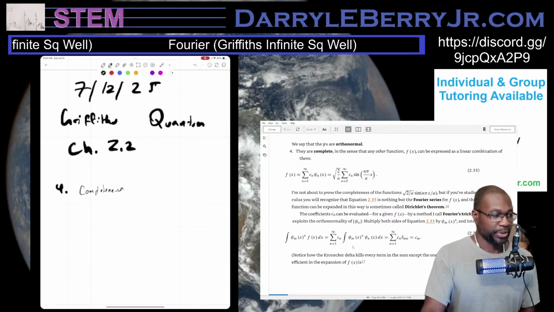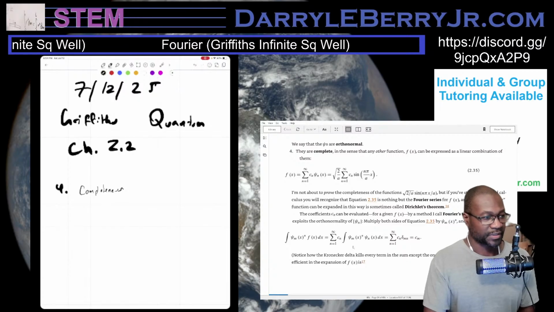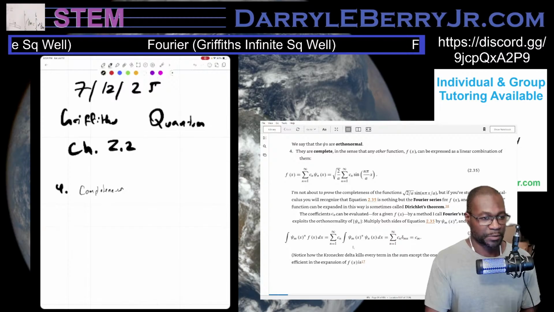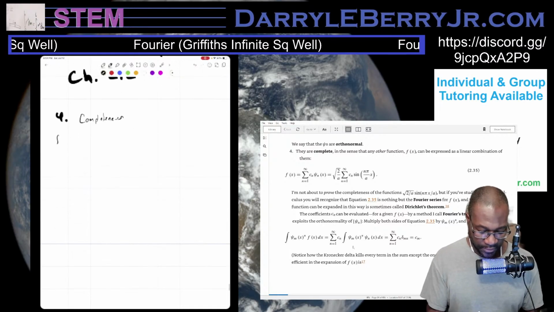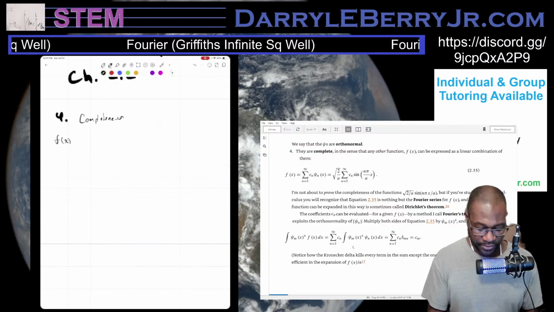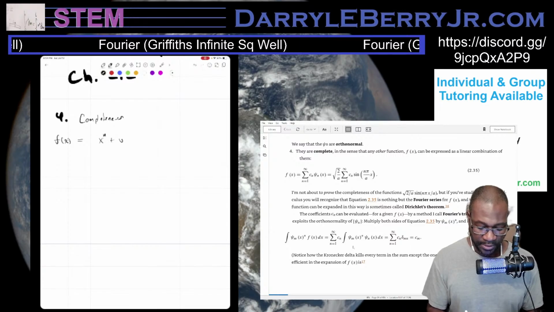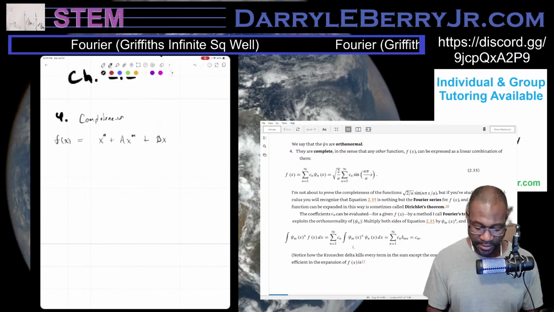It says these psi wave functions are complete, in the sense that any other function, f of x, can be expressed as a linear combination of them. So f of x is some function, for example some kind of polynomial, like x to the n plus a x to the m plus b x to the o.